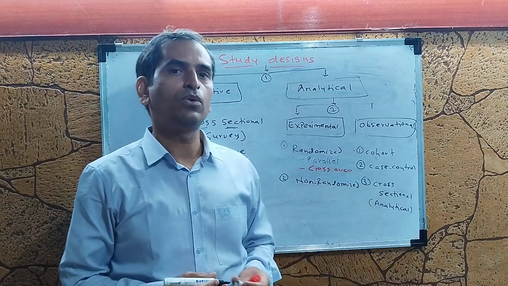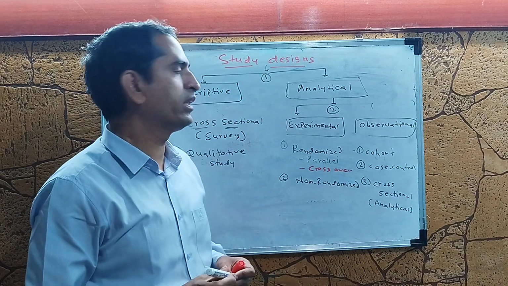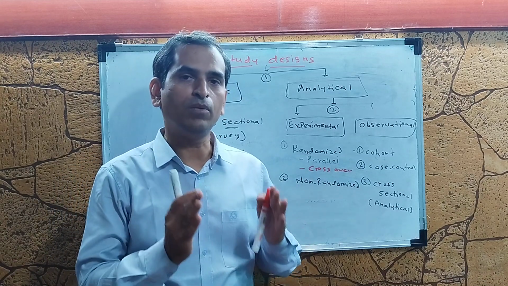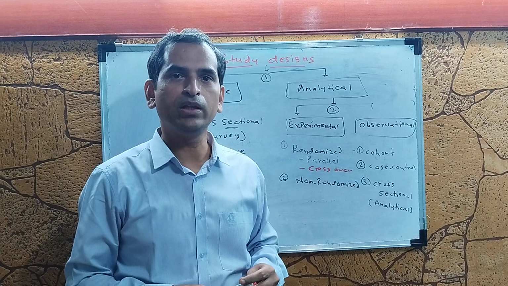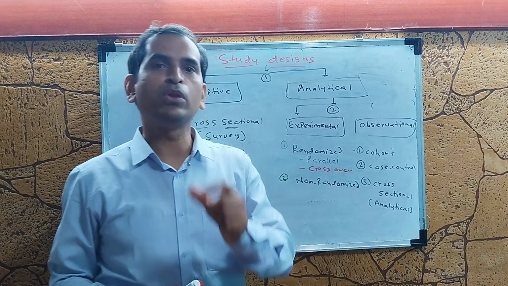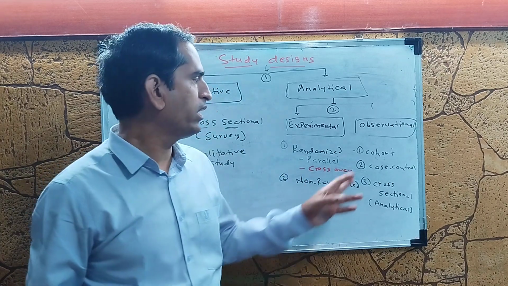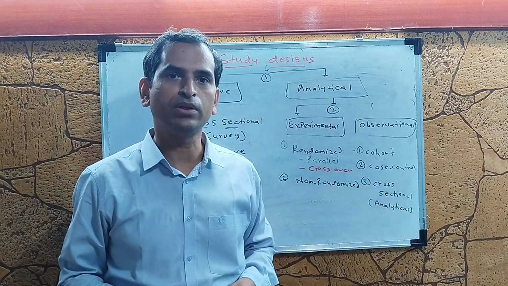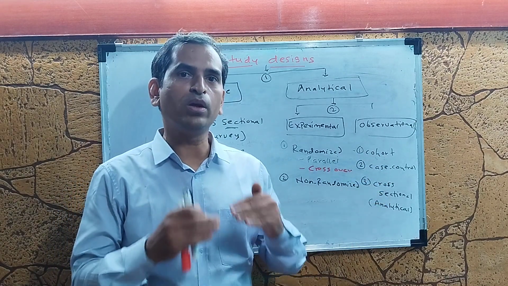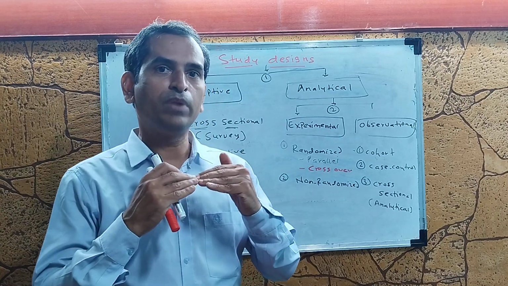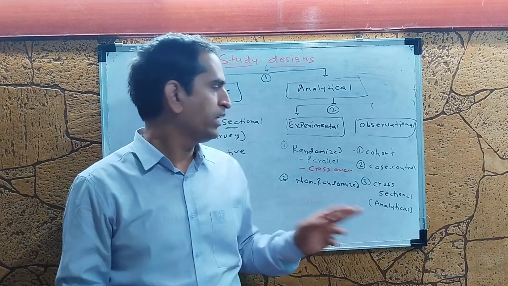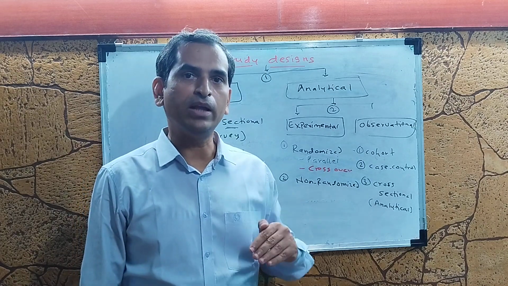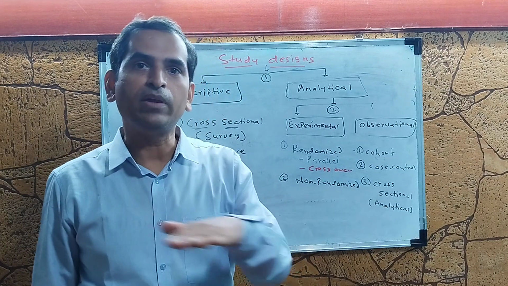Now, what is the meaning of a cohort study and what is the meaning of a case control study? When the outcome of the study is going to be analyzed, based on that, they could be cohort, case control, or cross-sectional. When you're observing the outcome at the baseline or at the same time, it is called a cross-sectional analytical study, because the outcome is analyzed at the same time.